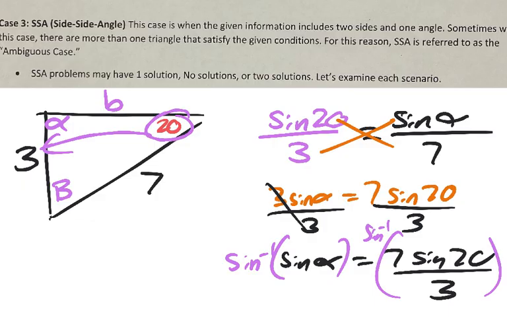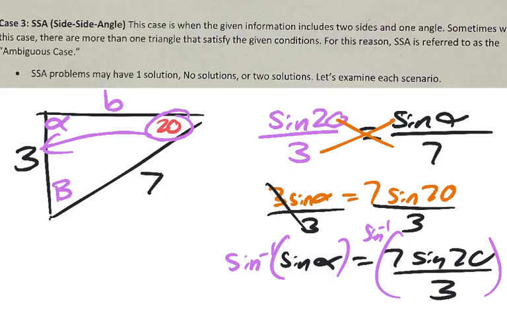And think about the ramifications of that. I know opposite 3, I know this is 20. That's still 20. Which of these sides is the longest? It looks like that side's the longest in this scenario.